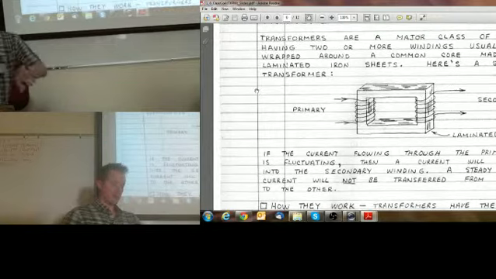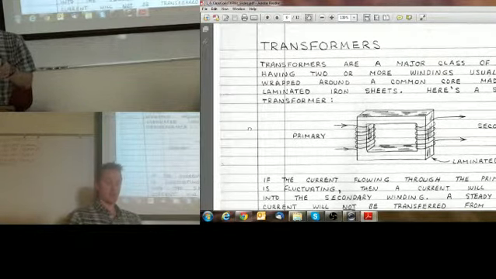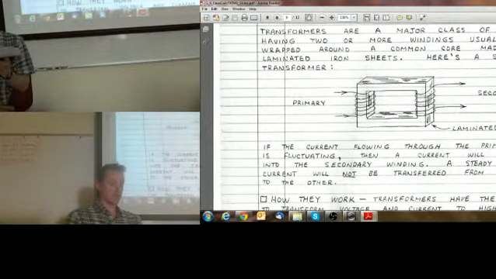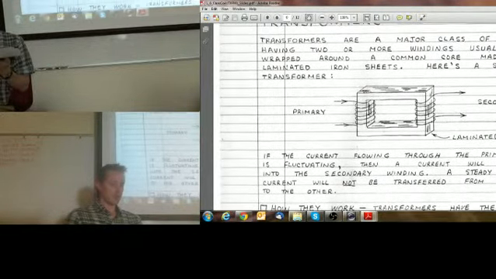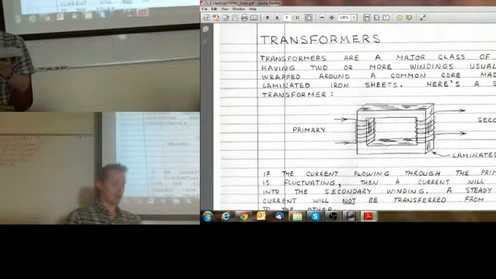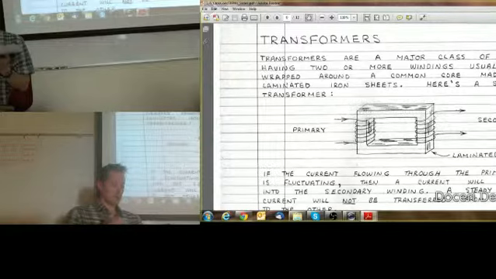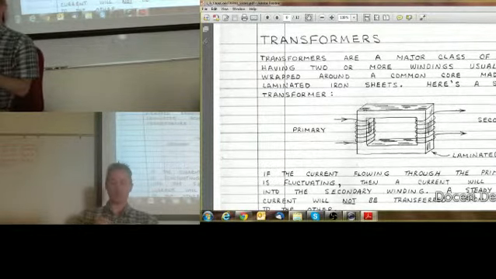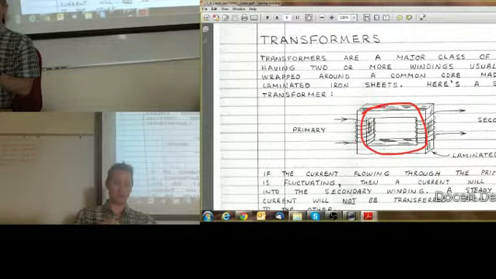Now, transformers, a good construction of a transformer would be to have some type of magnetic material like steel or iron, and to make a circle out of it. The circle allows the magnetic flux to easily flow around it so that they're magnetically coupled.